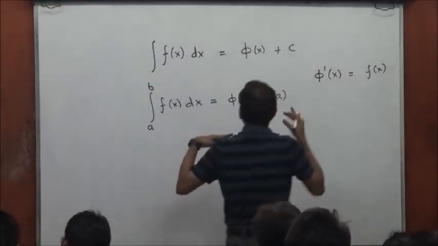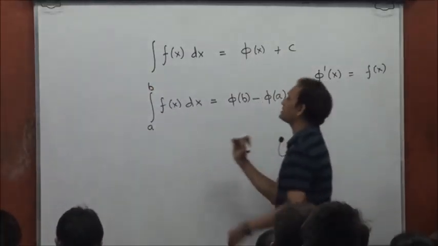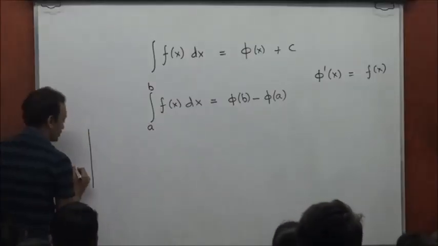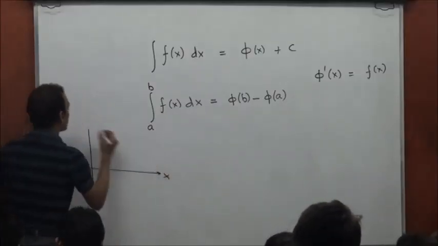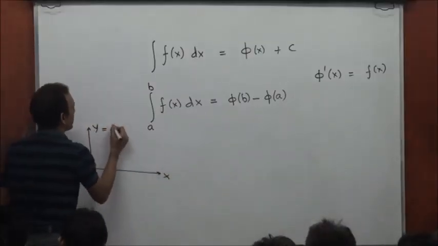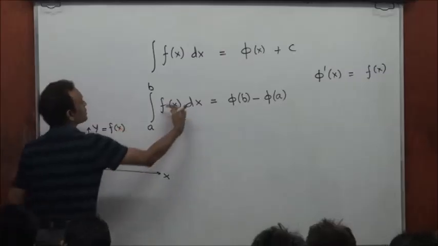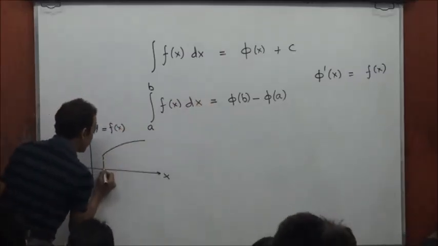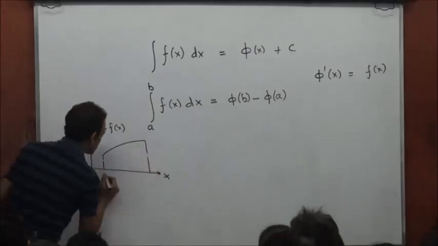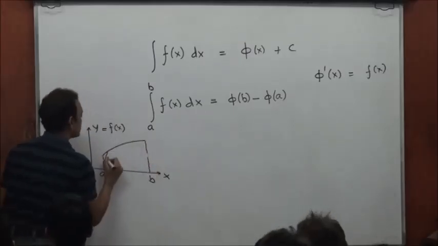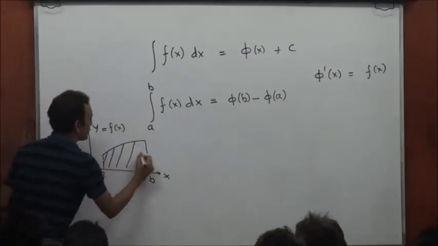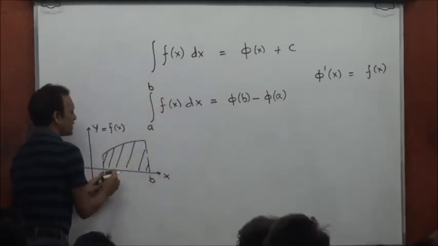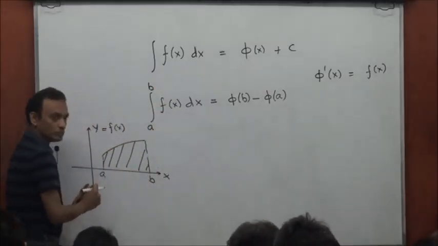And the geometric meaning of the integral of f(x) dx from a to b, and I'm not going to spend time on it right now, I'm going to come back to it, is the area under the graph of y equal to f(x) when x changes from a to b. This area is what is implied.